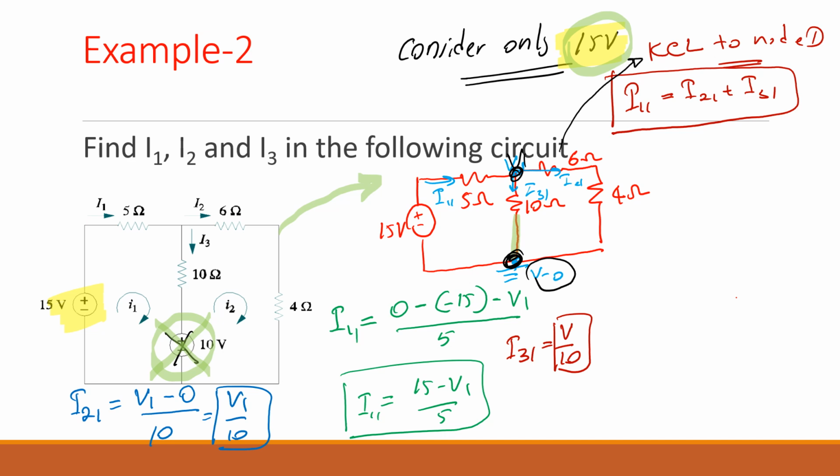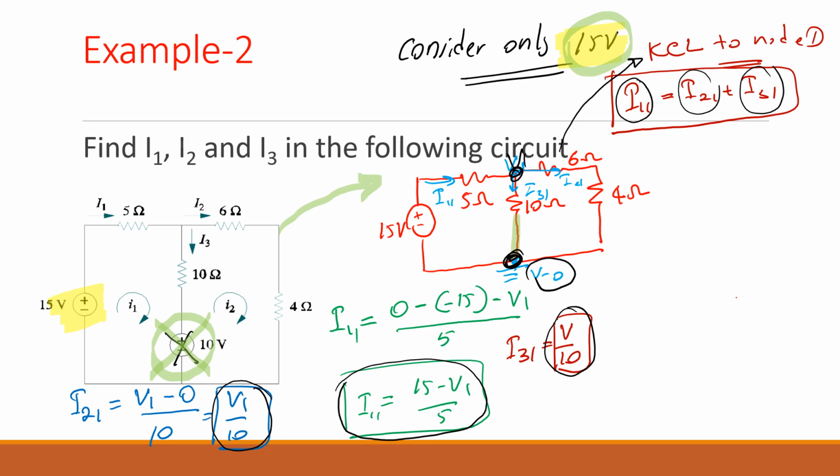KCL says the sum of the currents coming into the node is equal to the sum of the currents going out. The current coming in is I11, going out are I21 and I31. Am I right? Then we write the currents in terms of voltages. You already know I1, I2 and I3 can be written like this. Then you substitute the values in this KCL equation, and you have only one unknown, which is V1.